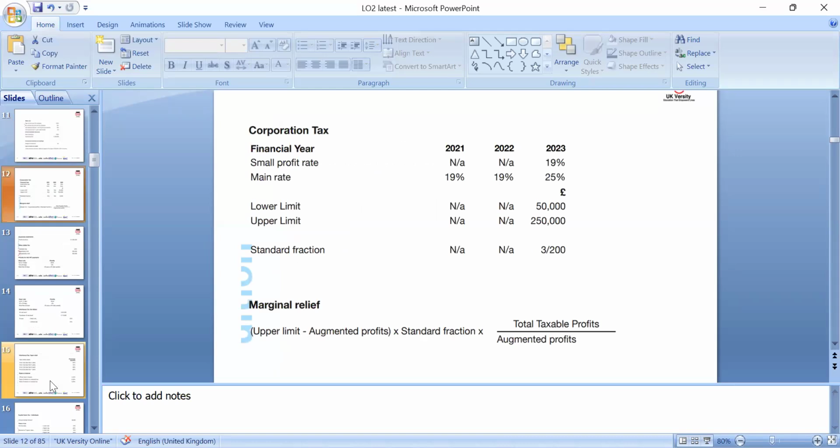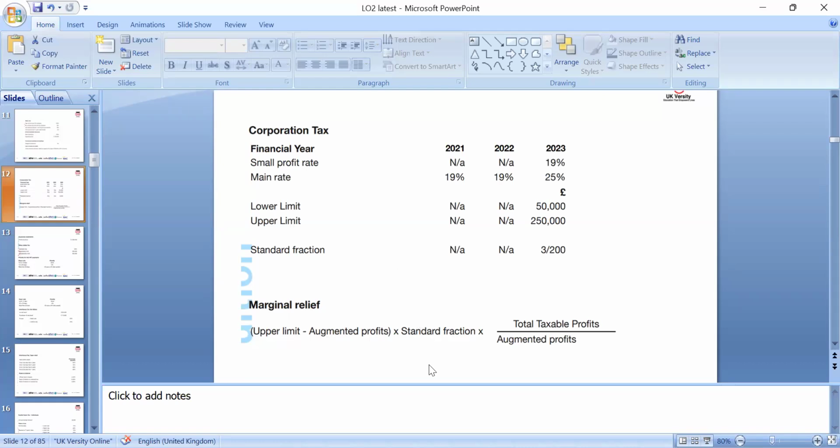We can look at corporation tax at 19%. We have a small profit rate and a main rate, which is now 25%. We can look at years like 2023. The lower limit is 50,000 and the upper limit is 250,000. The standard fraction we use is 3 divided by 200. So we take the upper limit minus whichever augmented profit we have, times the fraction.